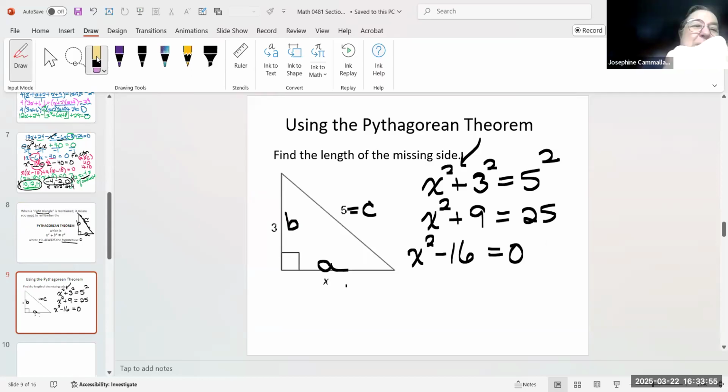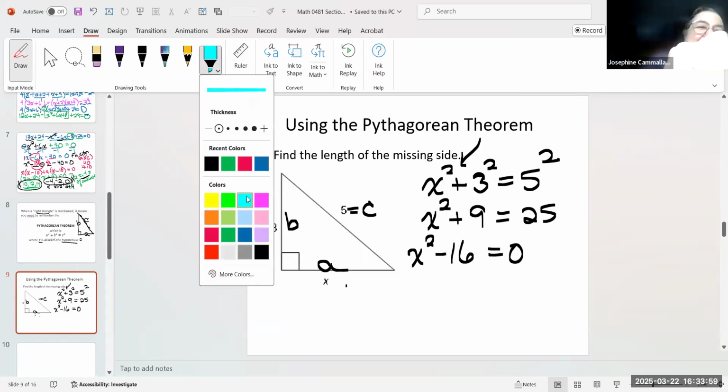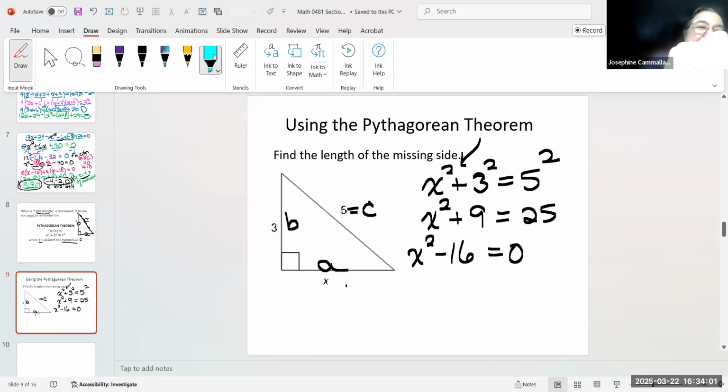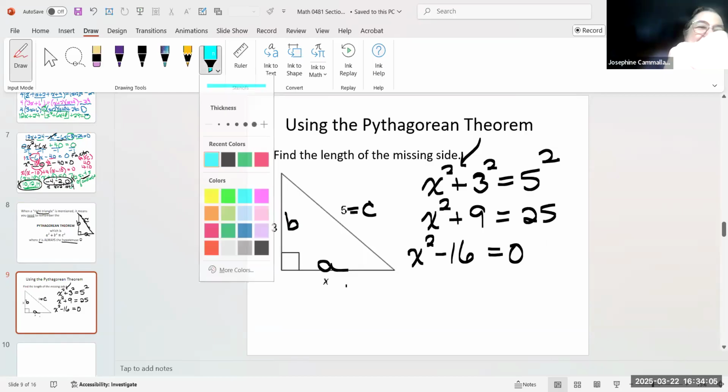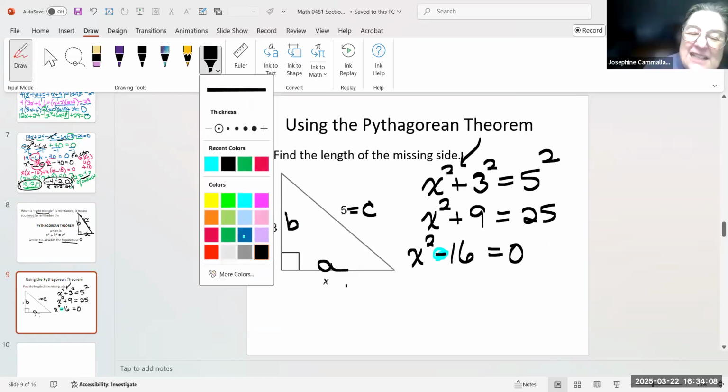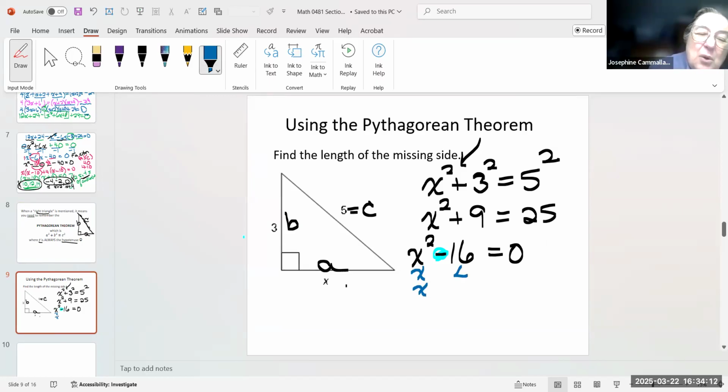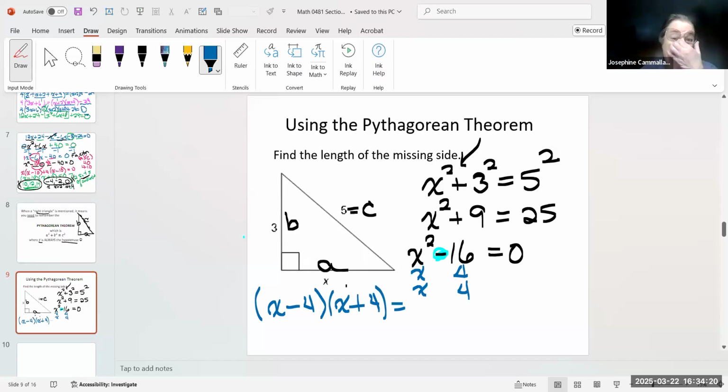Well, remember how this factors. It's got a minus in it. Which is going to factor into x minus 4, x plus 4 is equal to 0.